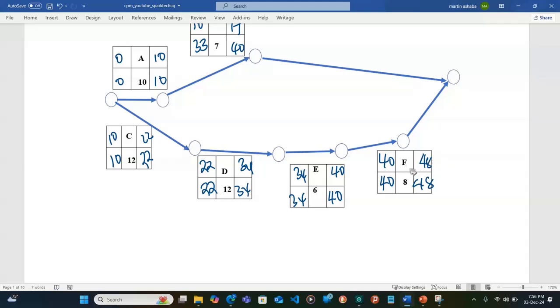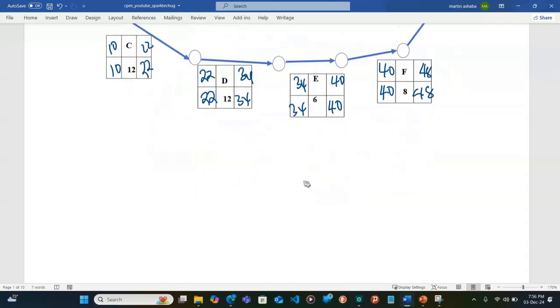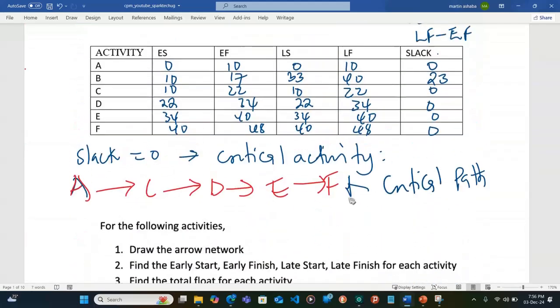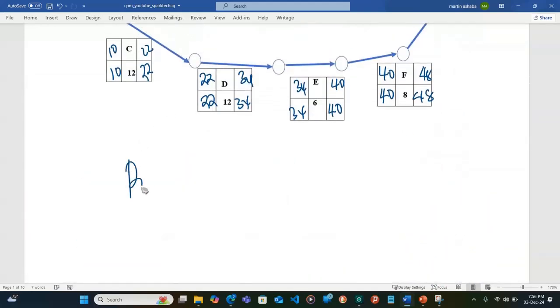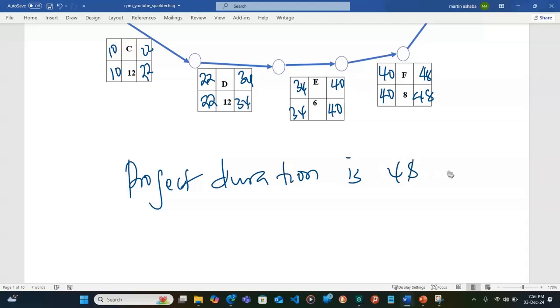So what we are having here actually is, we see that we have 48. And therefore, since that is the highest that we can have, the project will have to take 48 days. In other words, project duration is 48 days.